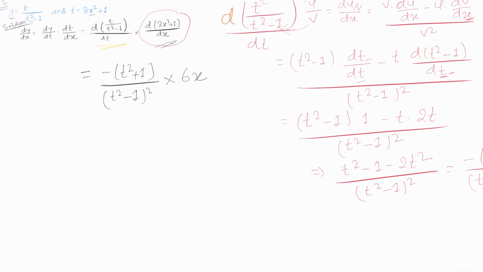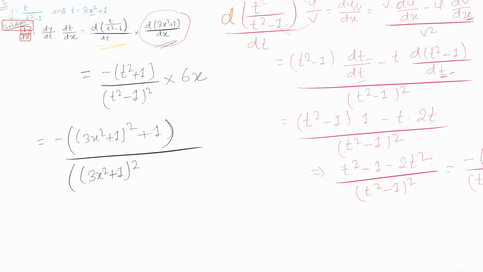Now we will write the value, in place of t we will write 3x square plus 1. So minus, (3x square plus 1) whole square plus 1, by t square again, so t square is (3x square plus 1) whole square, minus 1 whole square, times 6x. Now we will need to resolve this.